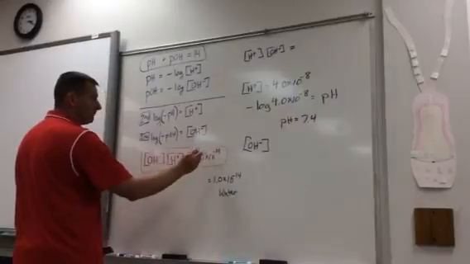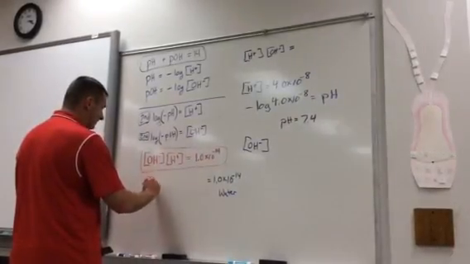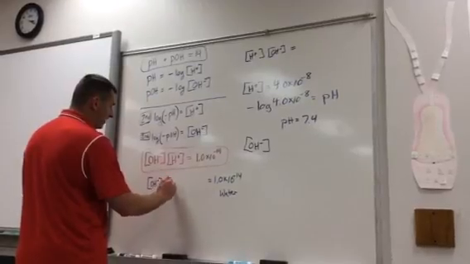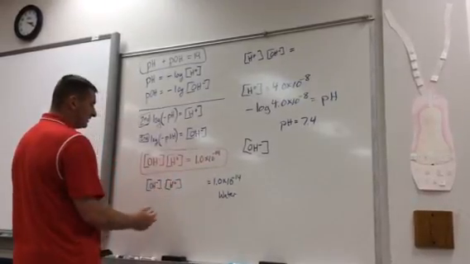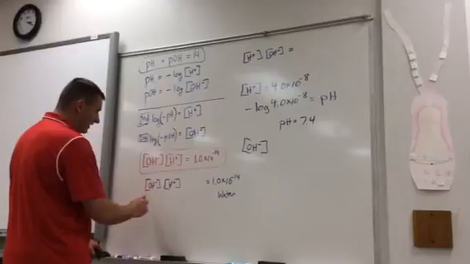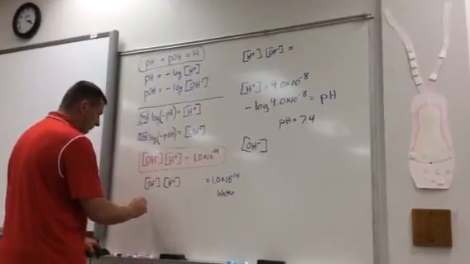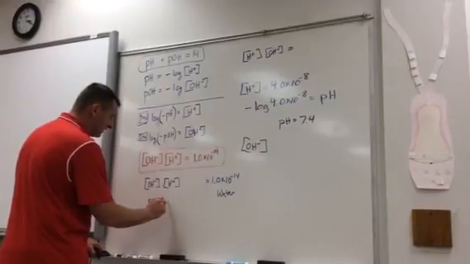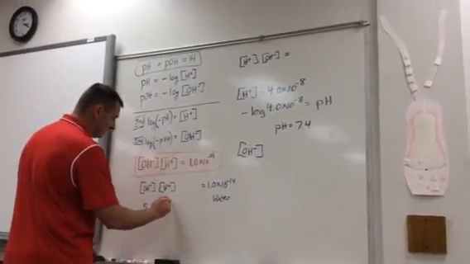So we can use this water constant when we're solving for other concentrations. If I know my hydroxide concentration and I don't know my hydrogen concentration, I can solve for it. Say your hydroxide concentration is 5.6 times 10 to the negative 3.